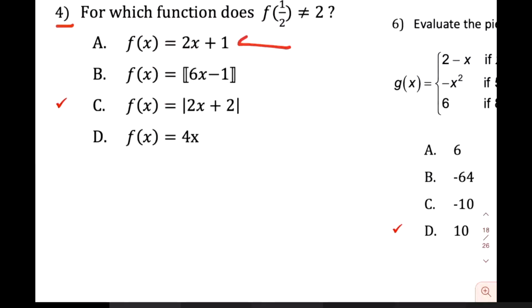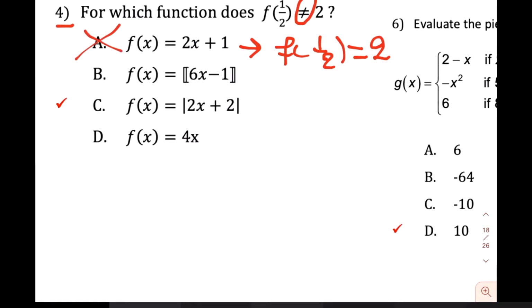If you calculate here x with half, you get 2 times half plus 1. 2 times half is 1, plus 1 is 2, so this is exactly 2. So in this one, f of half equals 2. They're looking for the function that makes it different than 2. So it's not A.